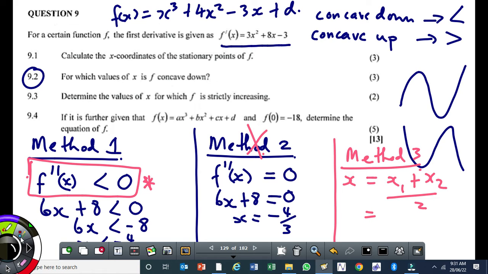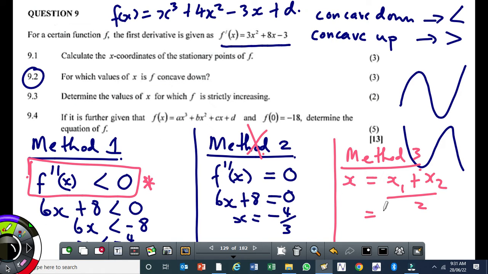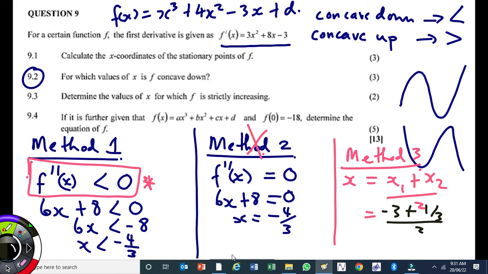So we have got minus 3 and the third. So that will be minus 3 plus the third over 2. Again, this will give you minus 4 over 3. But the problem now, again, is the same as method 2. You have problems in terms of using this value to answer the question. So I don't encourage this method if the cubic graph is not given.